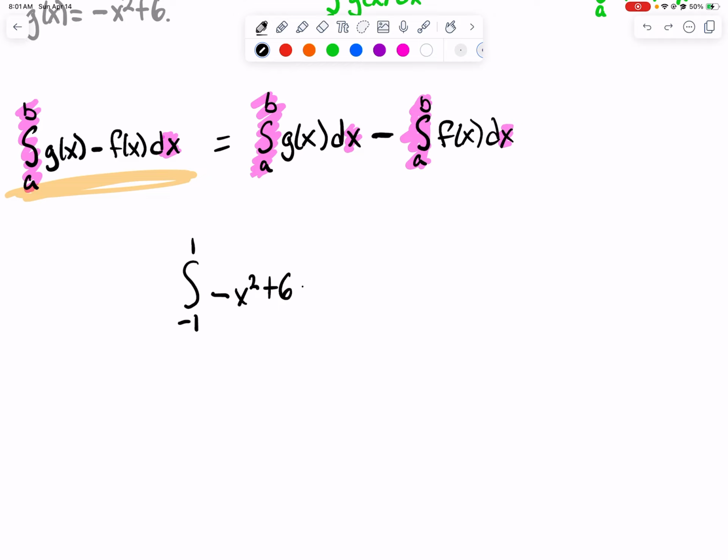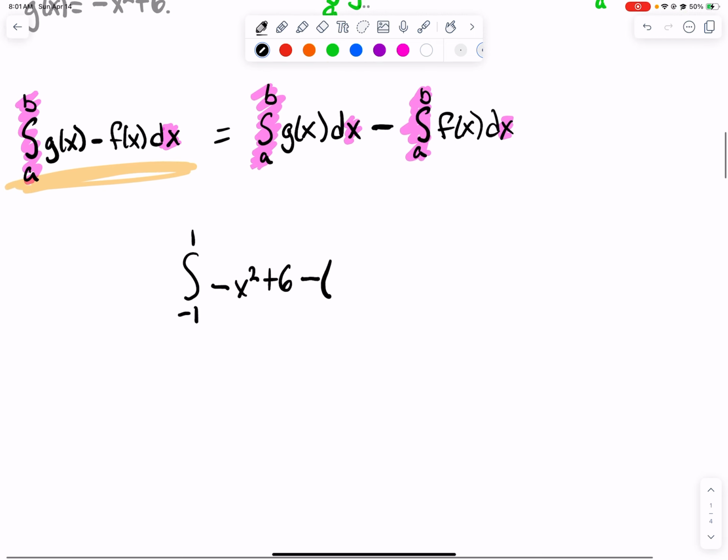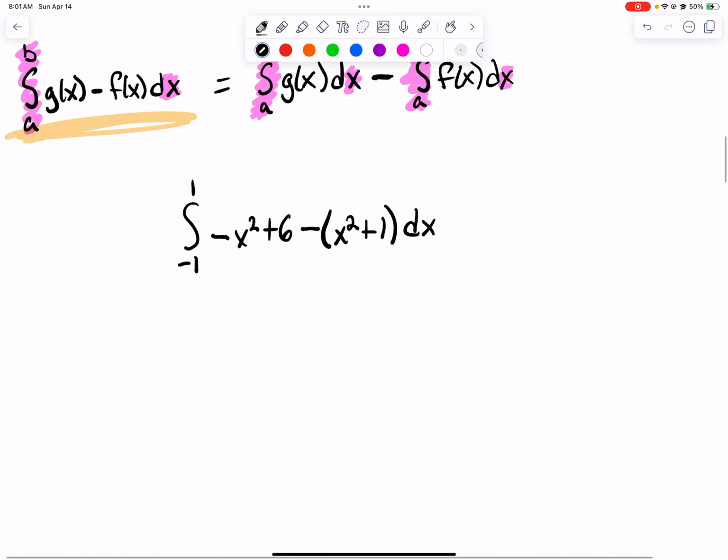So we're going to subtract the function f of x. F of x is x squared plus 1. So we get x squared plus 1 dx. Quickly I'm going to simplify. So take the antiderivative from -1 to 1.